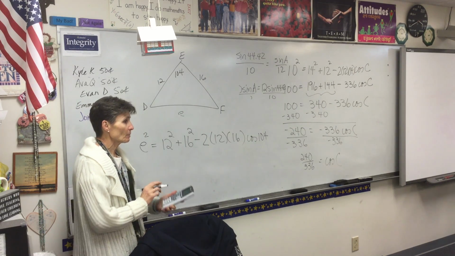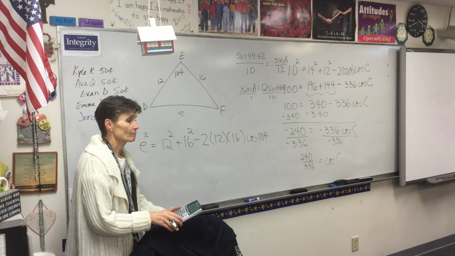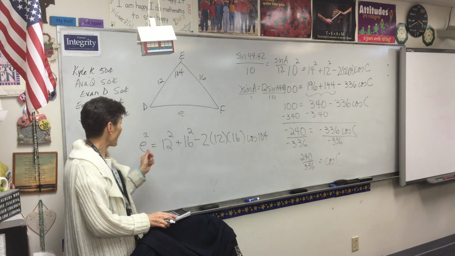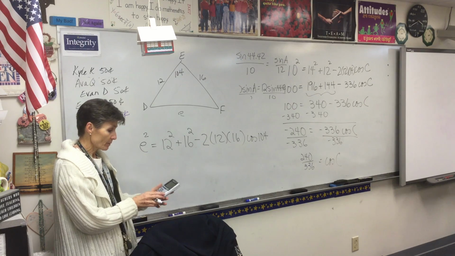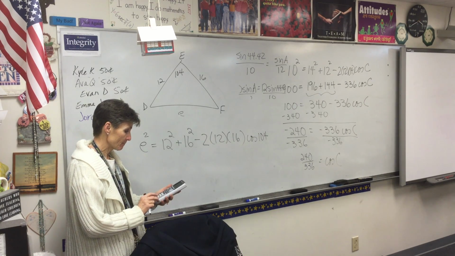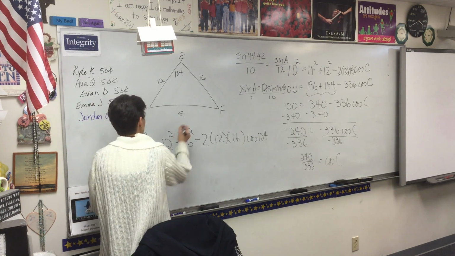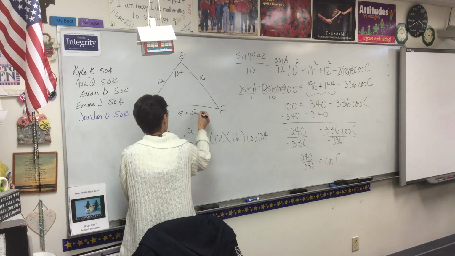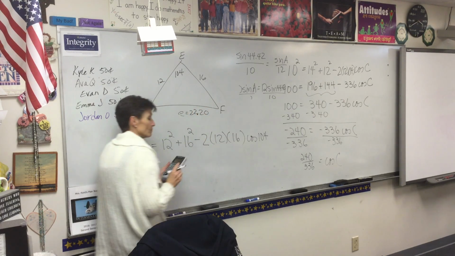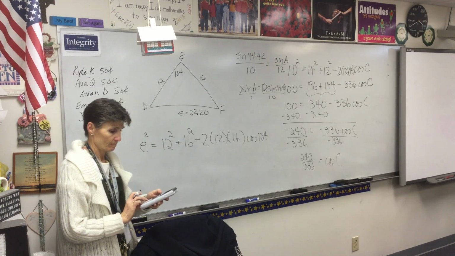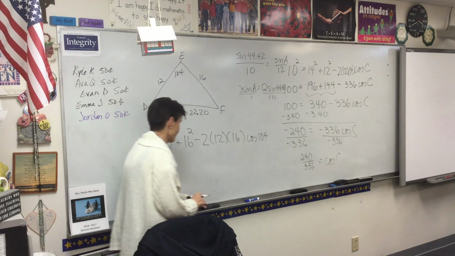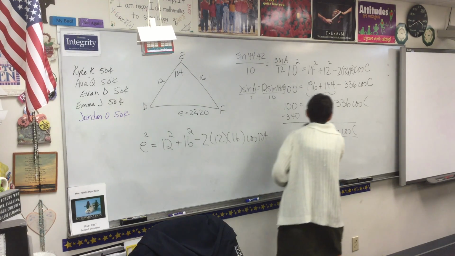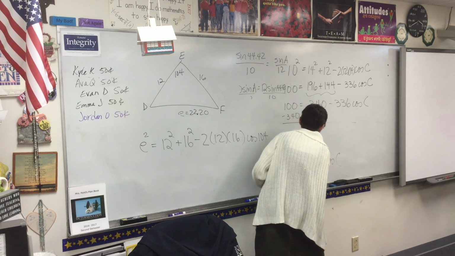Did you get a great big number like 492? Now remember though, that's e squared. So we got to square root that guy. And so e is 22.20. Does anybody have a question so far?